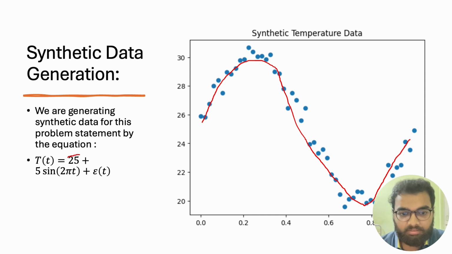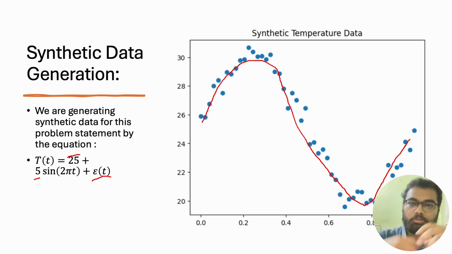Basically we have taken the mean temperature to be 25 with a 5 amplitude of sine function and some error, so that we can clearly see what patterns the underfitting ignores, or the overfitting takes too much, or the moderately fitted model ignores.